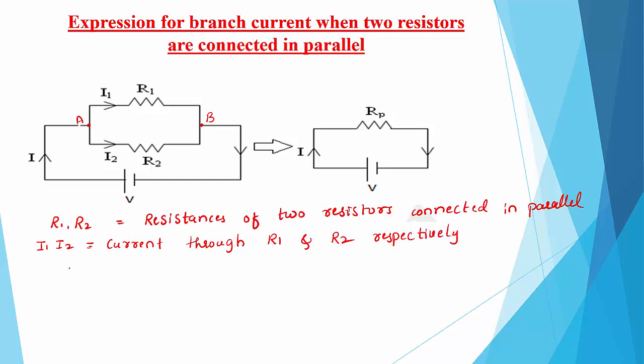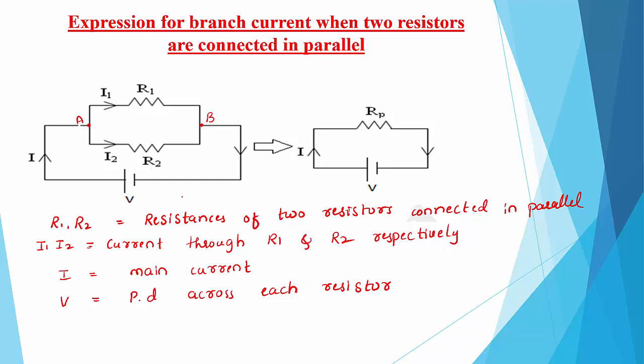Then what is I? I is the main current from the source which provides potential difference V. Now consider V is the potential difference across each resistor.